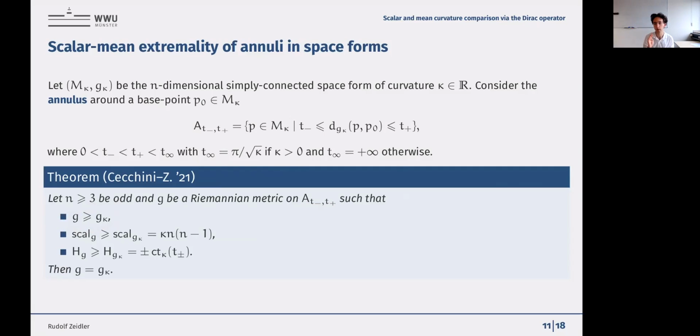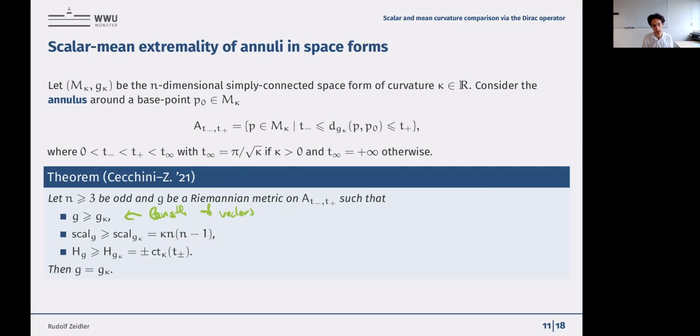This means with respect to length of vectors: if you compute the length of a tangent vector with respect to g, this should be larger than the length of the same vector with respect to the standard metric g kappa of constant curvature kappa. And also we assume that the scalar curvature of the metric is bounded below by the scalar curvature of the standard metric, that is kappa times n minus 1.